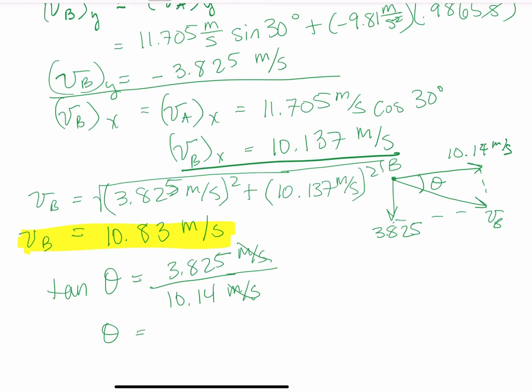So theta equals 3.825 over 10.137, which gives us 20.67 degrees. So 20.7 degrees is the theta. And that's it.